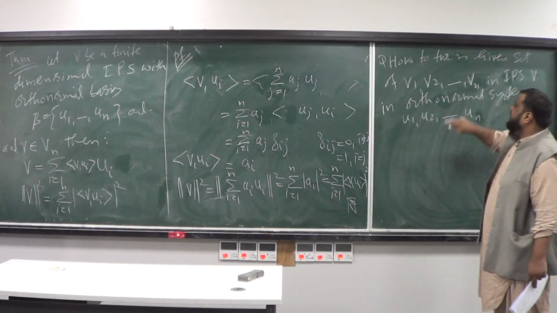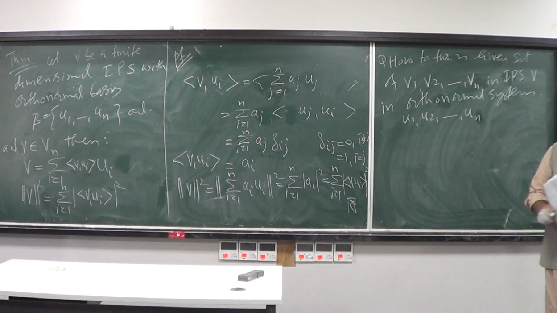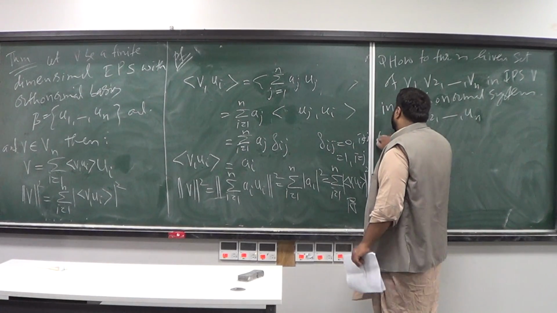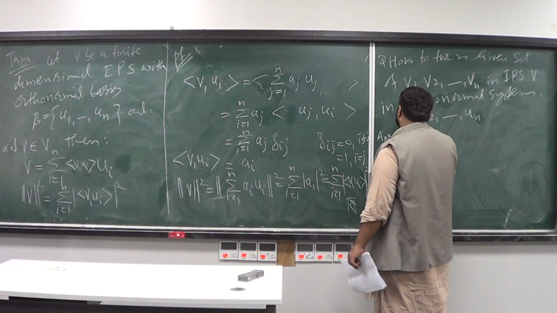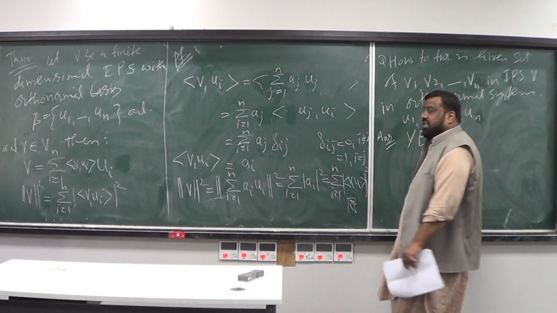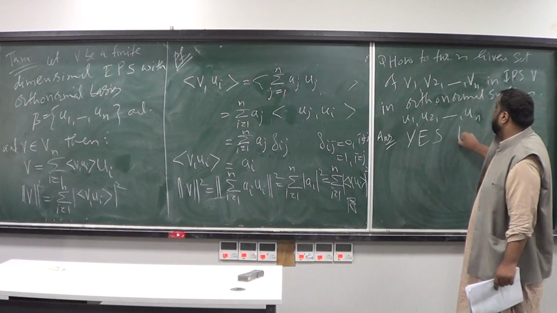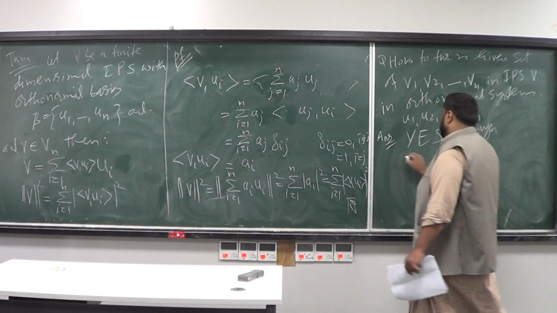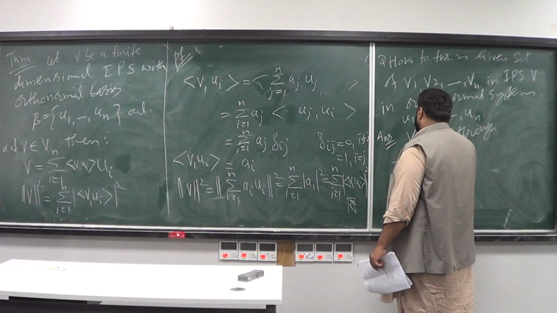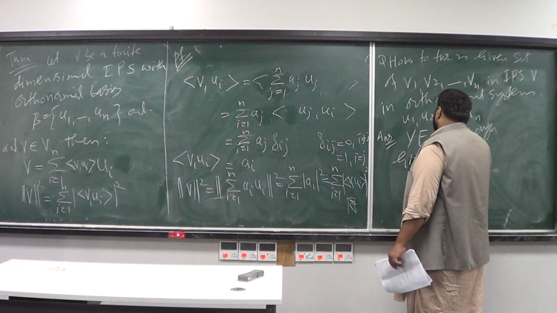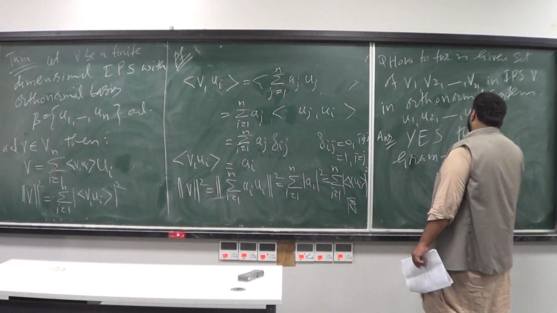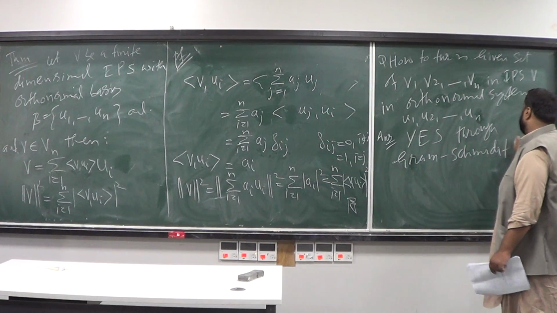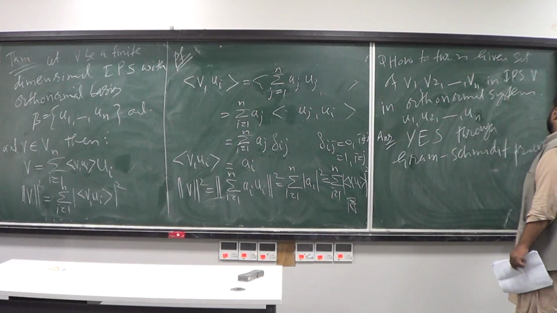In other words, using these vectors, can we create n orthonormal vectors? The answer is certainly yes. And how can we do it? Through the Gram-Schmidt process.